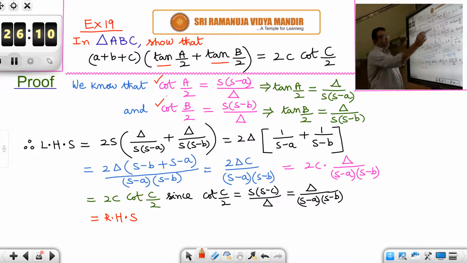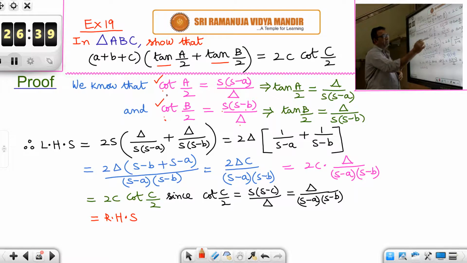Cot A by 2 is equal to S into S minus A by delta. Cot B by 2 is equal to S into S minus B by delta. Similarly, cot C by 2 is S into S minus C by delta. These are the most important formulae. Frequently, we will be using them in solving the problems in this chapter.